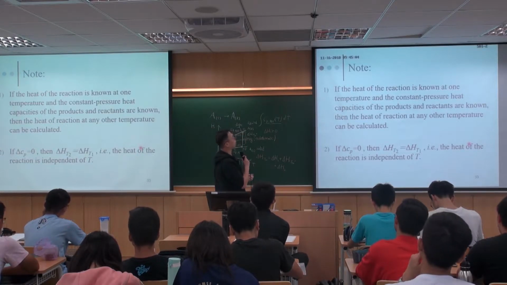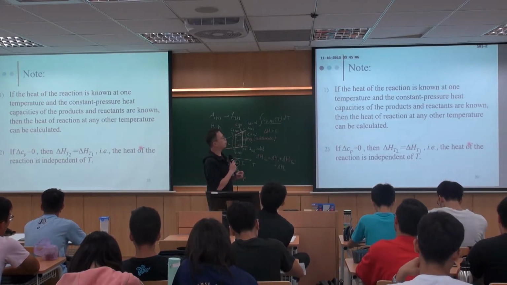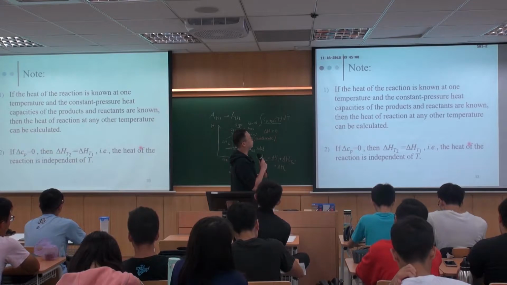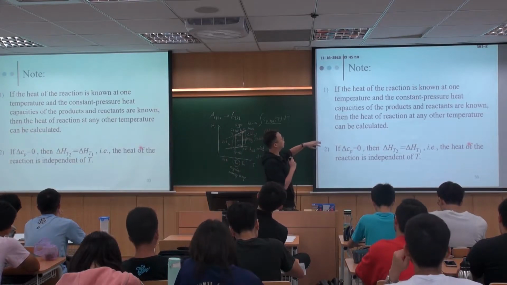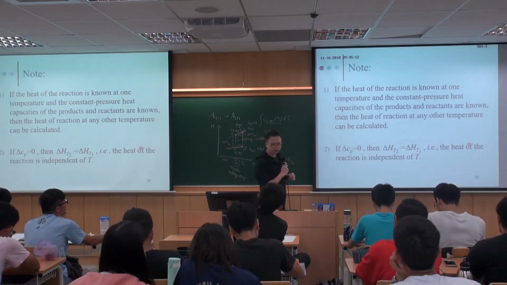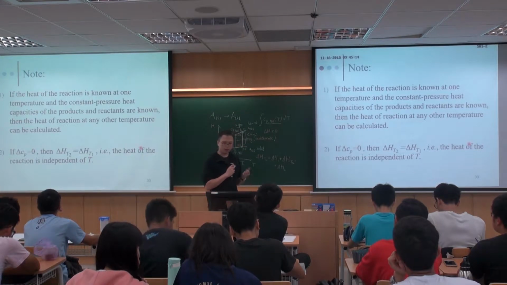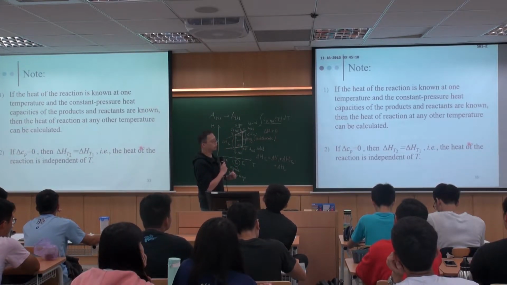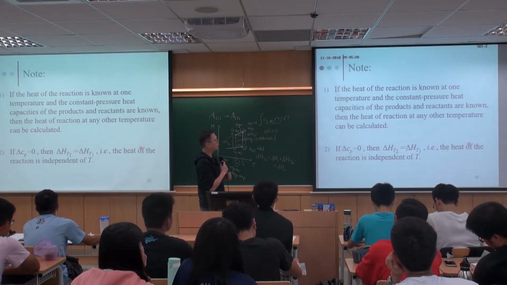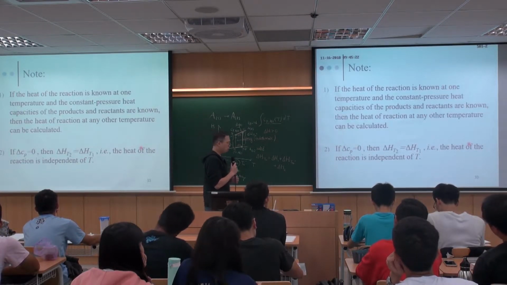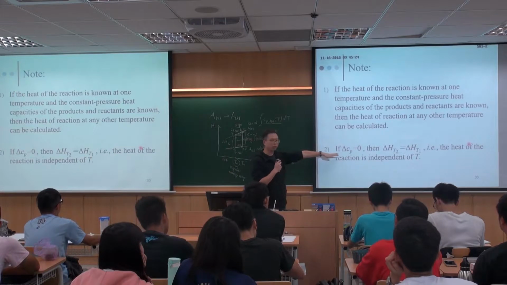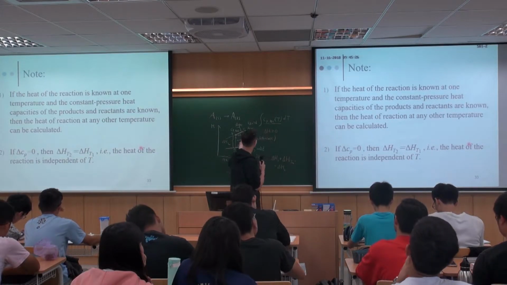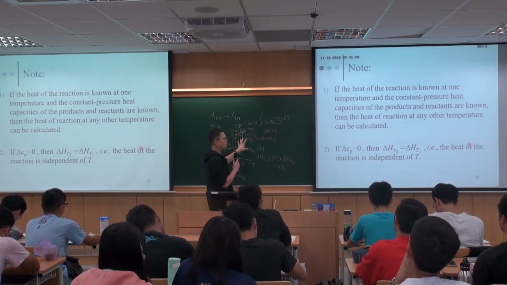So if the heat of the reaction is known at one temperature, like I mentioned earlier, and also the constant pressure heat capacities of the products and reactants are also known, then the heat of reaction at any other temperatures can be calculated. And in some rare cases, if delta Cp is 0, which means that the two slopes are the same, then delta HT2 is delta HT1.